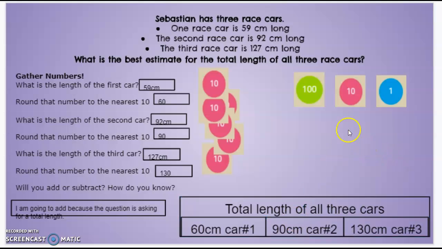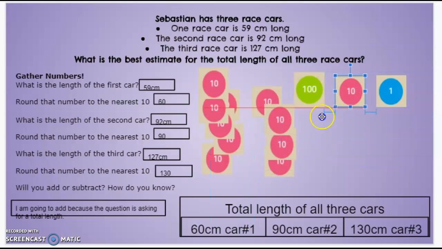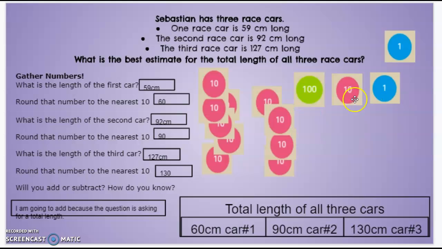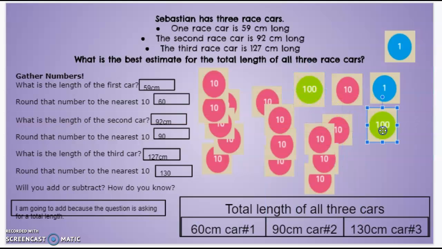Then 100, 110, 120, 130, and then 130 more. 100, 110, 120, 130. Okay, now we have a lot of 10s here. There's a lot of 10s. So I'm going to regroup.